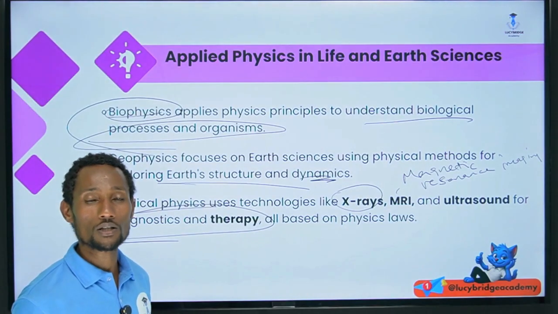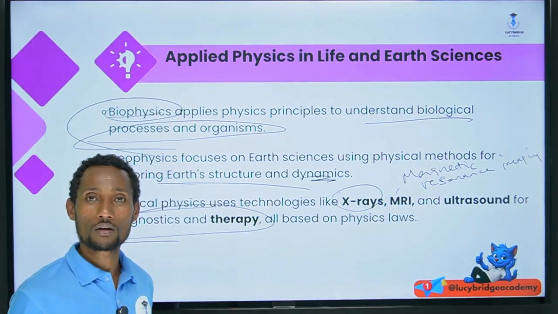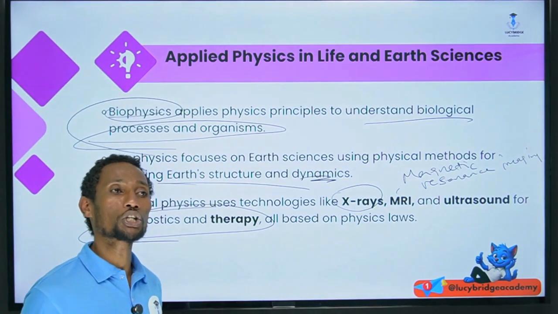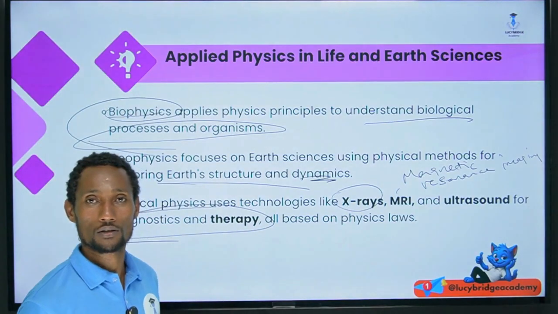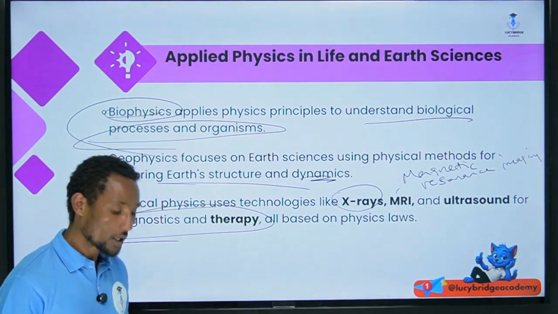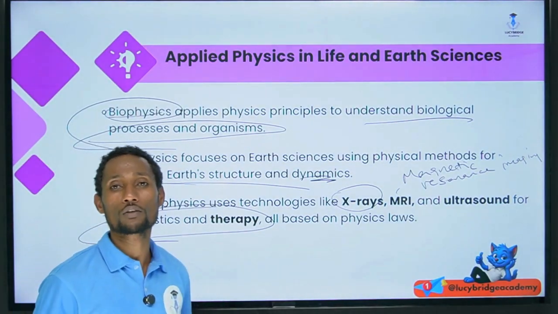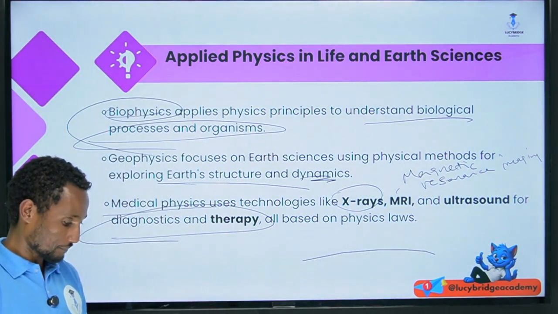The X-ray therapy system, or ray therapy, to vanish unwanted glands. And these are all based on the laws of physics.